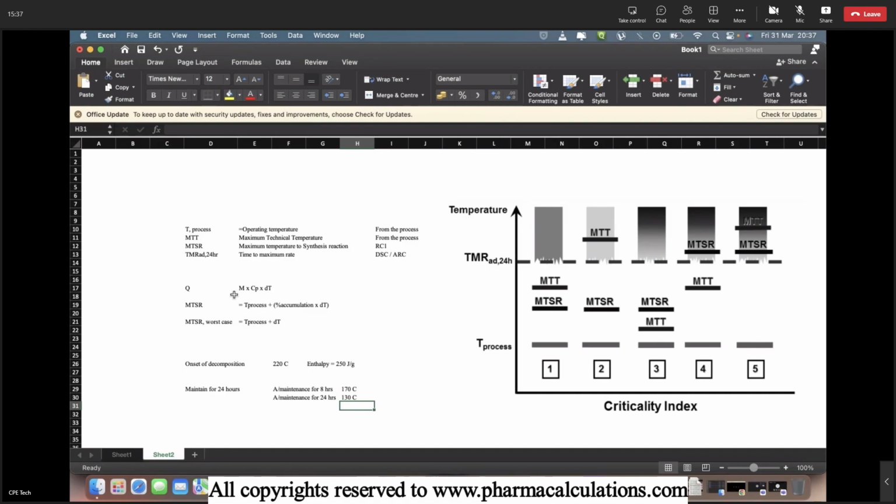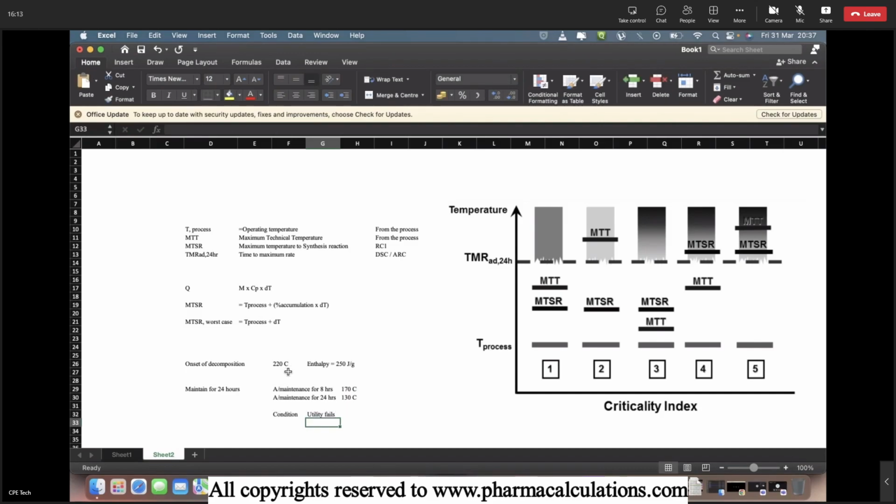So similarly, what is the onset of decomposition if you maintain the reaction mass for 24 hours? That will be represented by this TMR-AD24. So whatever the 8 hours and 24 hours are, during this scenario the utility is going to fail, so that's the point. So the condition is where the utility is going to fail.